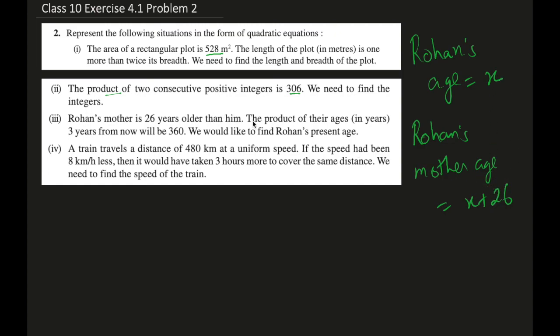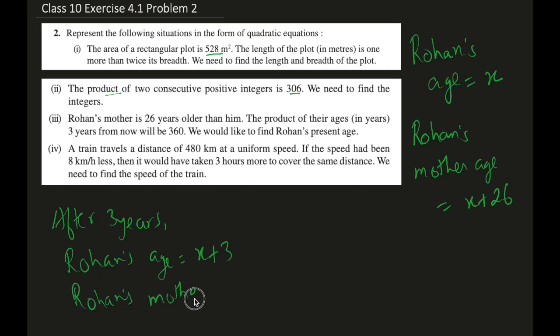The second is the product of their ages in 3 years from now. So after 3 years, Rohan's age will be x plus 3, and Rohan's mother's age will be x plus 26 plus 3.